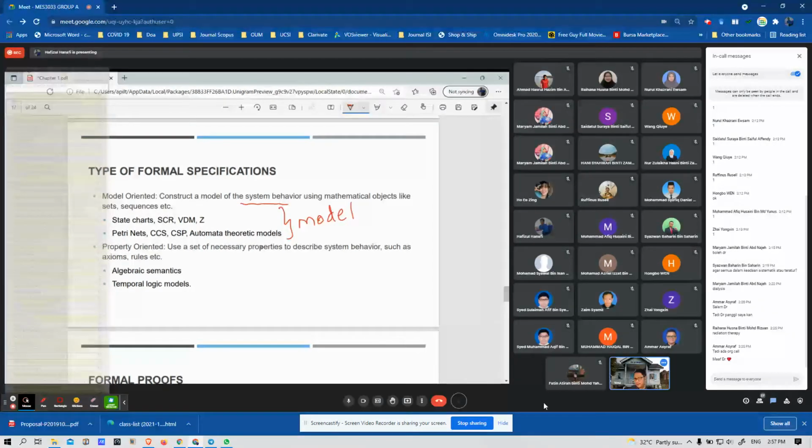And then the property-oriented type uses the necessary properties to describe the system behavior based on the model that we develop, such as axioms, rules, etc. We have two here: first algebraic semantics, and secondly temporal logic model. Both are a very rigorous process, because we need to have some basic understanding of algebraic semantics.